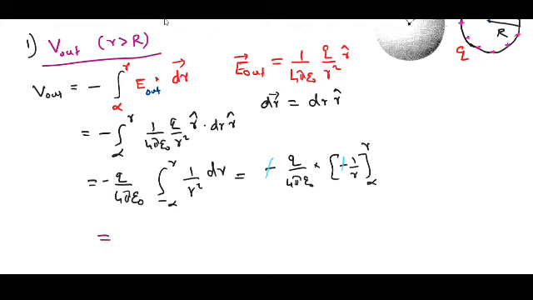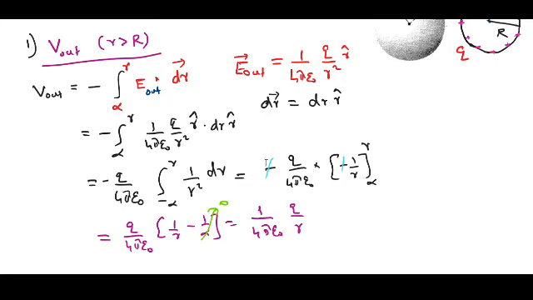Therefore, this is equal to q by 4 pi epsilon 0 into 1 by r minus 1 by infinity. This 1 by infinity goes to 0. Therefore, this is 1 by 4 pi epsilon 0 q by r.